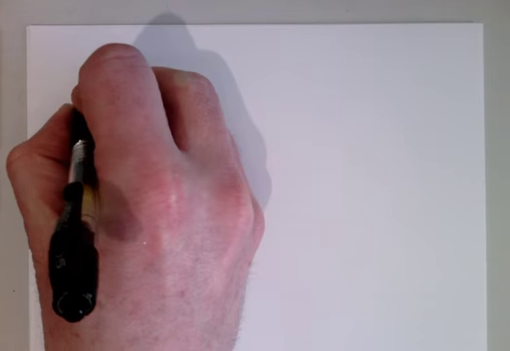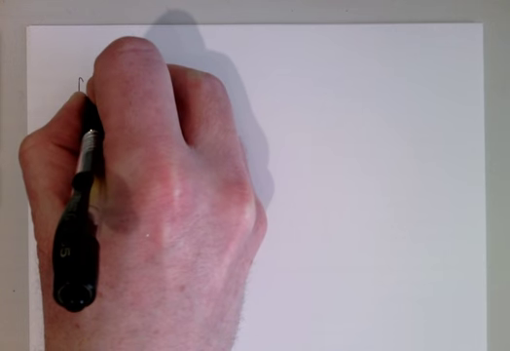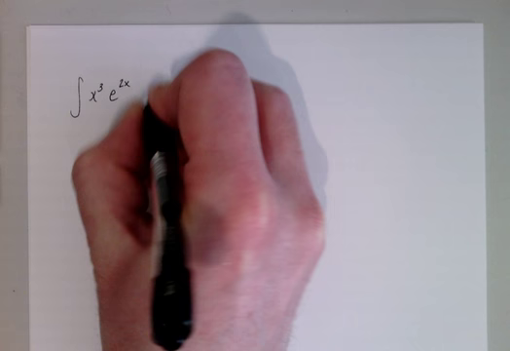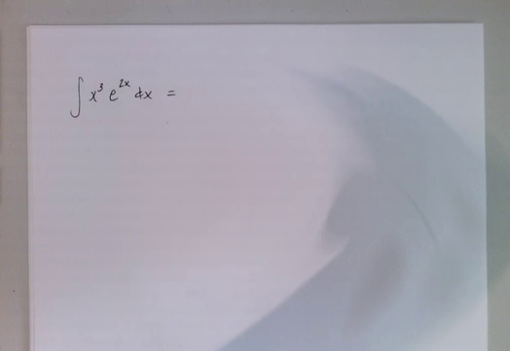So we have done that. Let's see if we can do another tabular one. How about x to the third times e to the 2x dx.